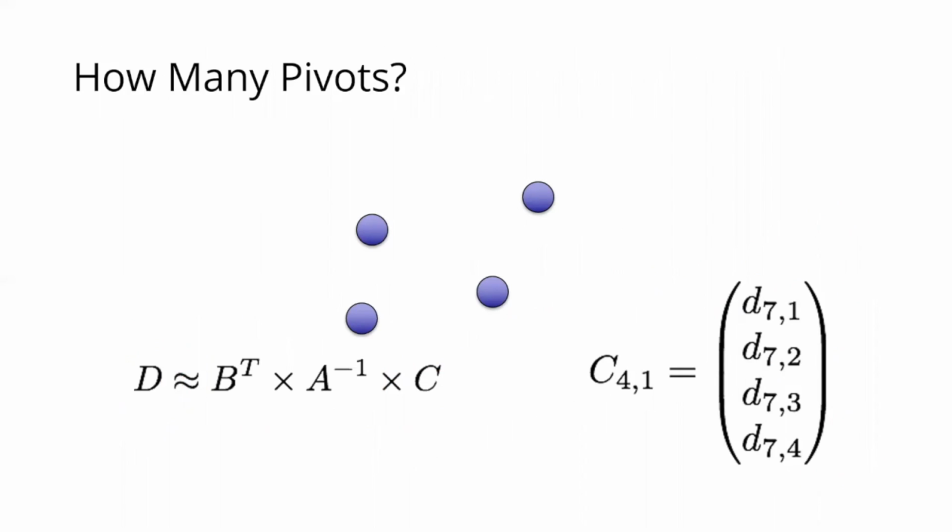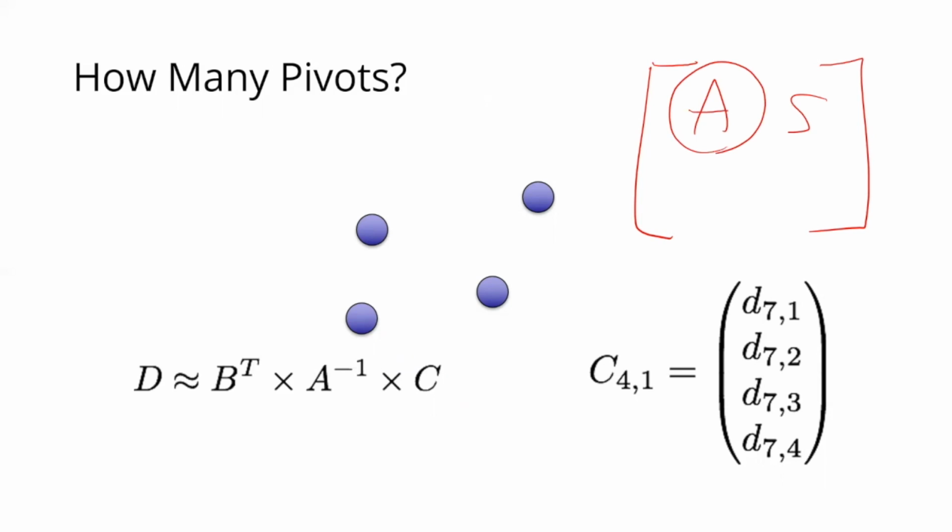With that, there are several things that you need to decide as a designer. First of all, how many pivots do you like to have? Well, the more pivots you have, let's think about the meaning of this. Matrix A concerns the size of the pivot, as well as, now let's use the ABC representation, right?